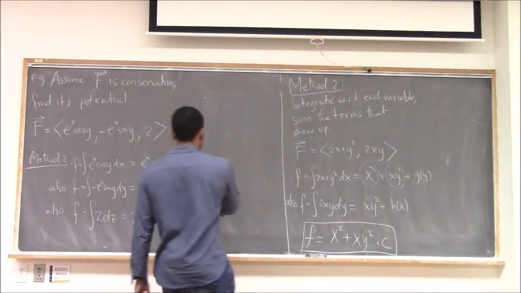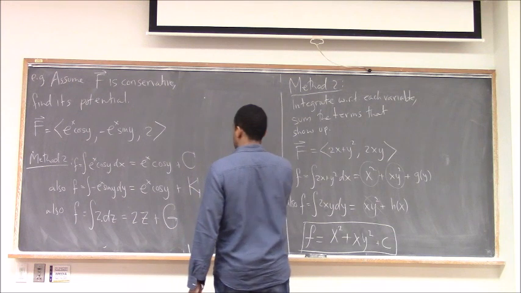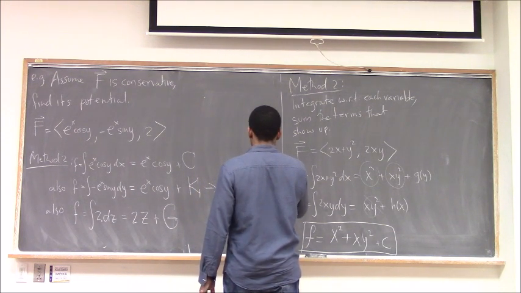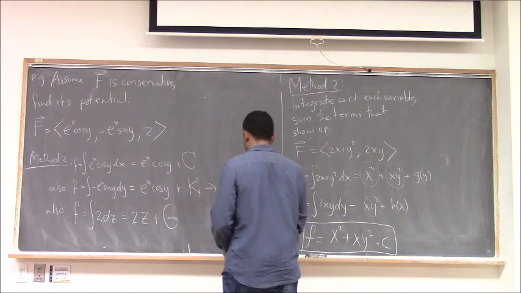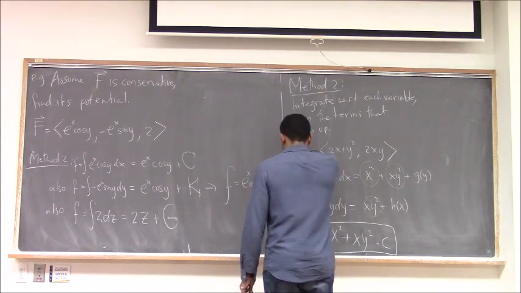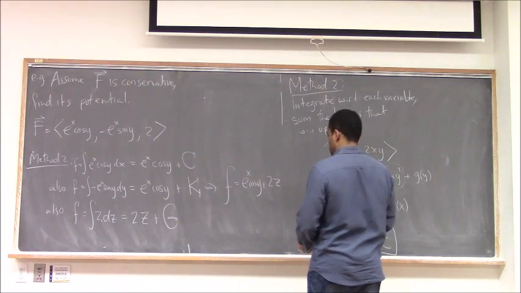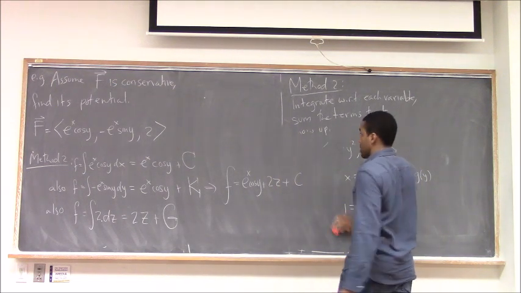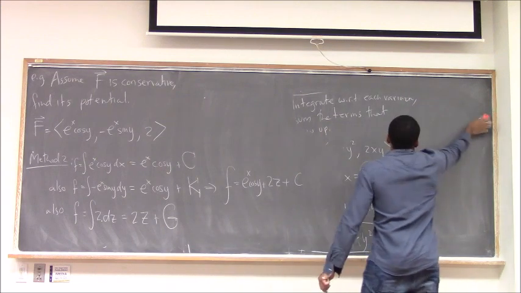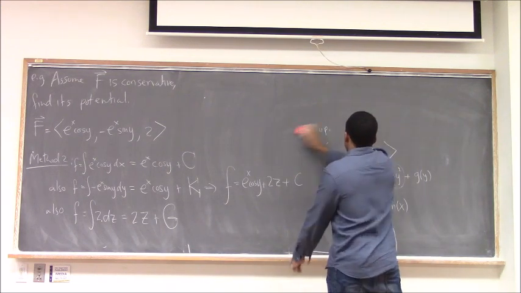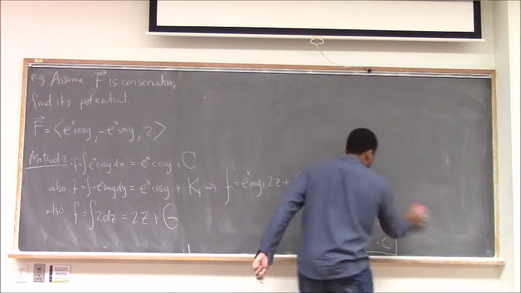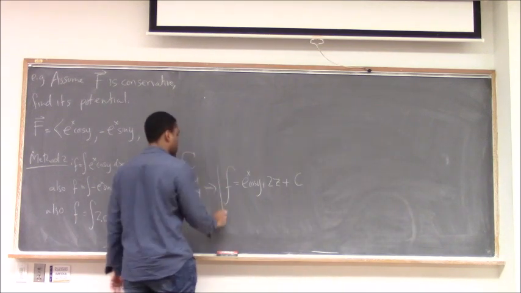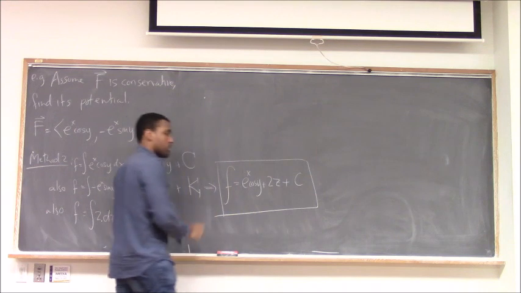And so that means my potential function is e to the x cosine y plus 2z plus c, because there's always just a constant there. So that's my potential function for this vector field.